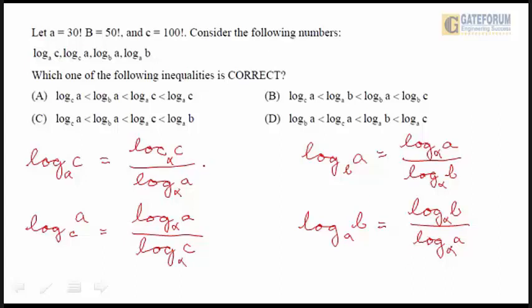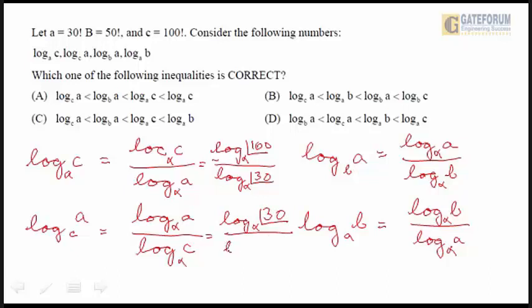So let us just put them down. So this would be log of C, which is factorial 100, base alpha, divided by log of A, which is factorial 30, base alpha. This is the reverse actually.